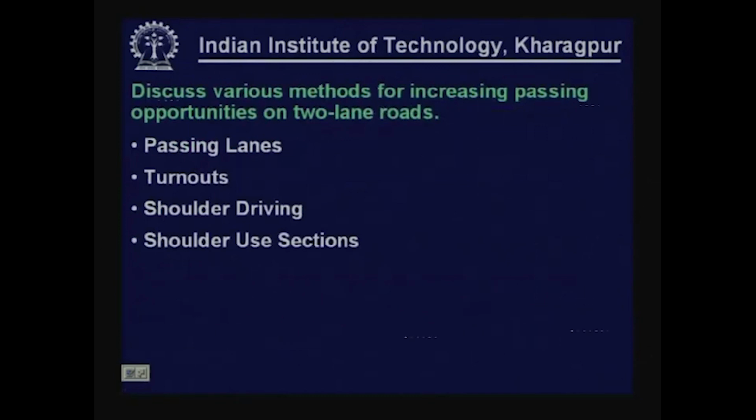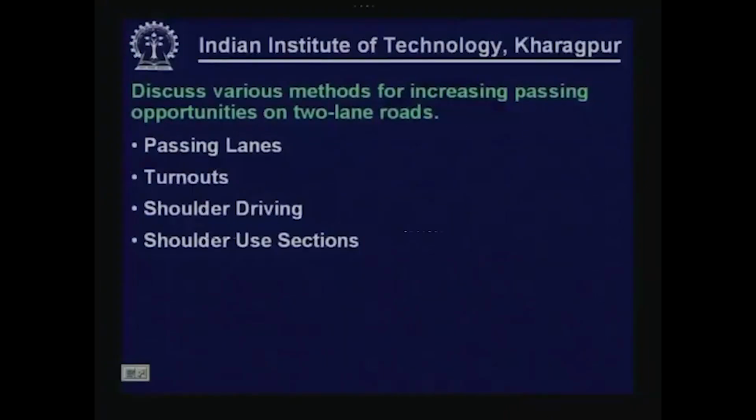Discuss various methods for increasing passing opportunities on 2-lane roads. We have discussed we can improve the passing opportunities by providing passing lanes, by providing turnouts, by providing shoulder driving, by providing shoulder use sections. So, these are the 4 major methods for increasing passing opportunities on 2-lane roads.